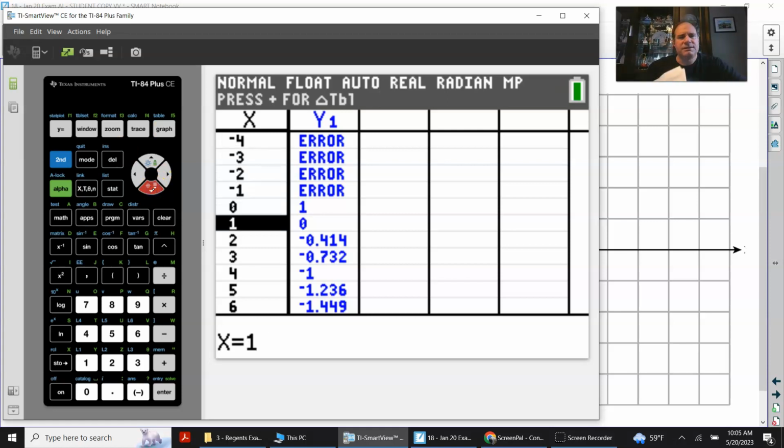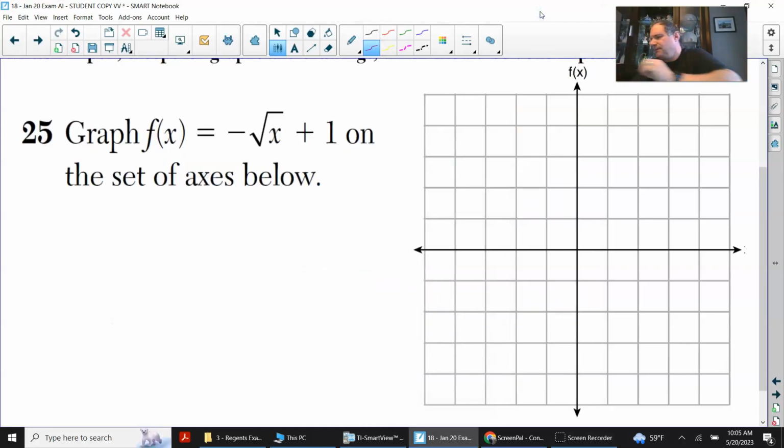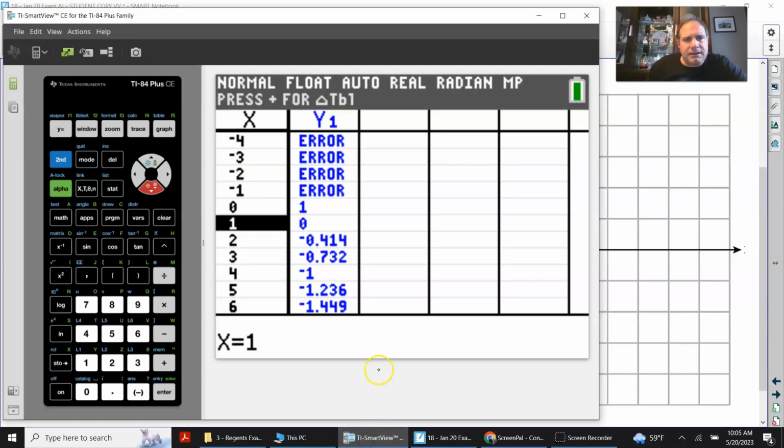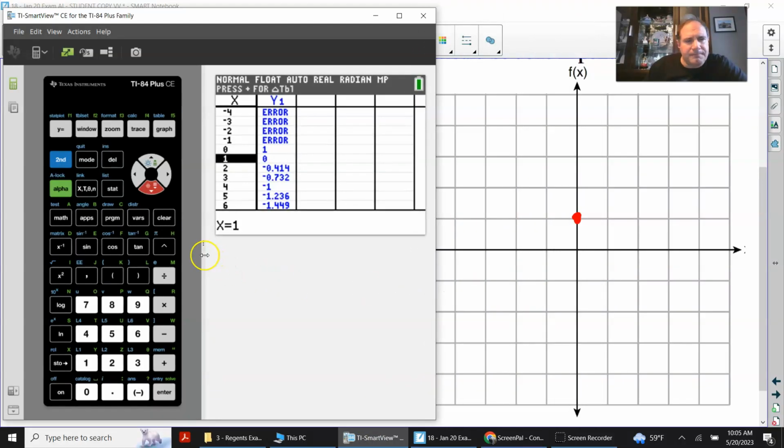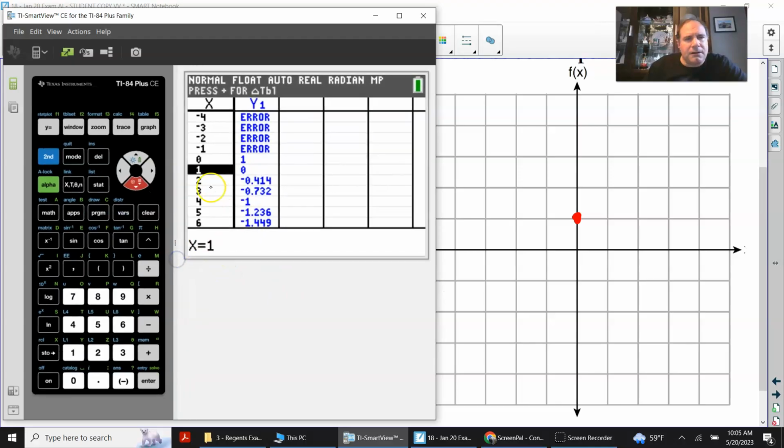So I'm going to go to 0, 1. 0, 1 is right here, and that is my first point. Then I'm going to go to, let me put this down a little bit so I can see, 2, negative 4.14.